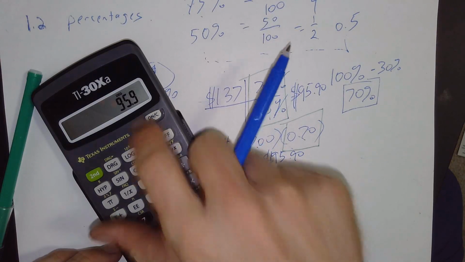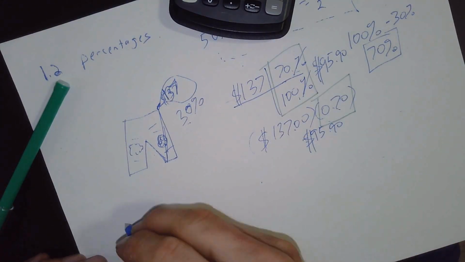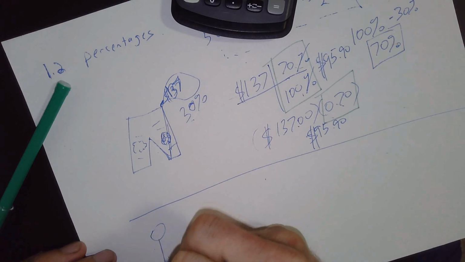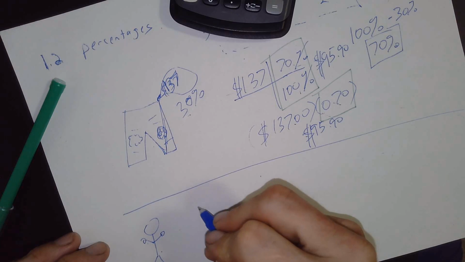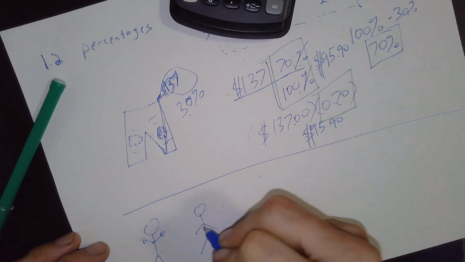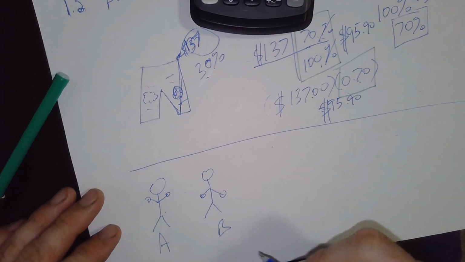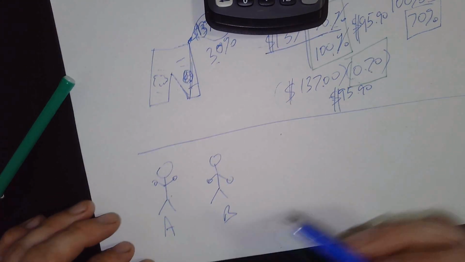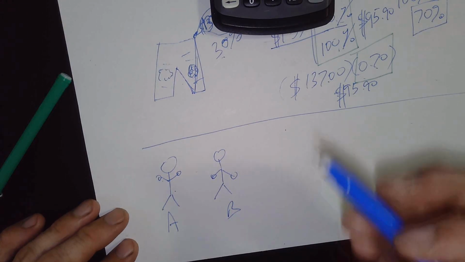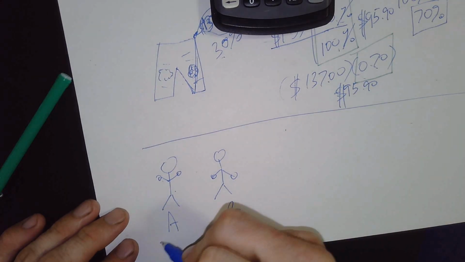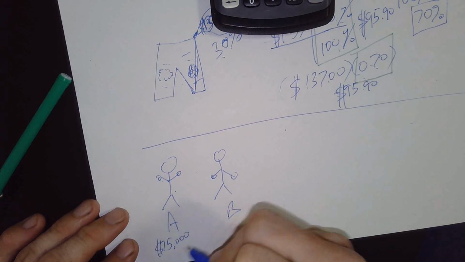Okay, let's do it a different way. Let's say that we had a worker A and a worker B. We'll say that worker A makes a salary every year of, say, $75,000 per year.